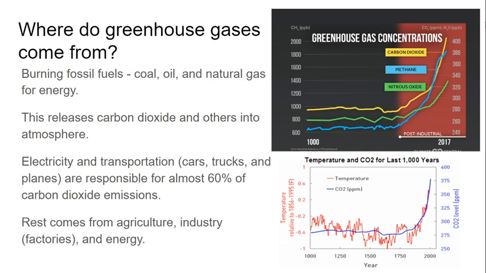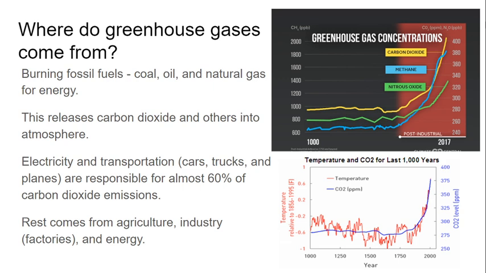So these greenhouse gases can come from a variety of sources, but I just listed the top ones here. Burning of fossil fuels, meaning coal, oil, and natural gas for energy, all emit, meaning give off, these greenhouse gases. And next week, we're going to start to talk about natural resources, in which we talk about fossil fuels and natural forms of energy, such as wind and solar.